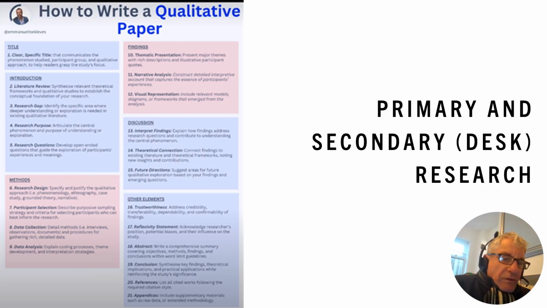The introduction, these are some tips here. Make sure you've got your SMART objectives included in there. The methods and methodology, how you're going to go about getting that qualitative data, and then methods, what tools are you going to use? And then we're going to take that data, the findings, analyze it, break it down.